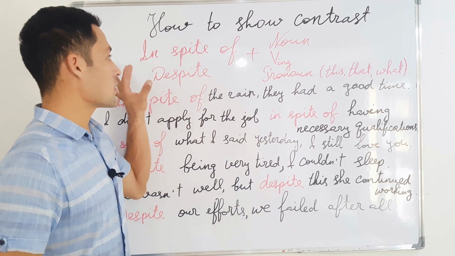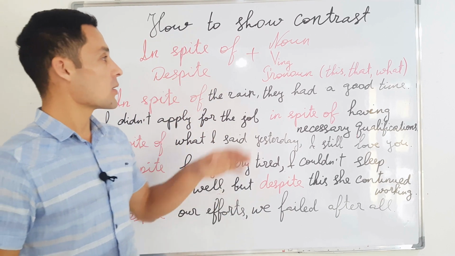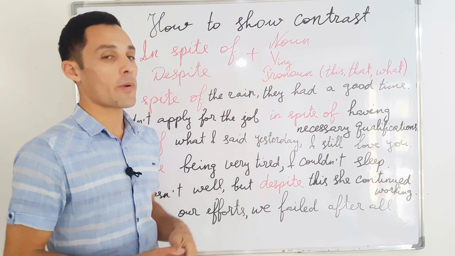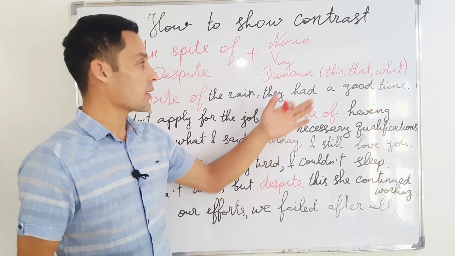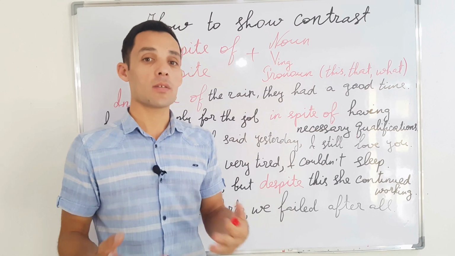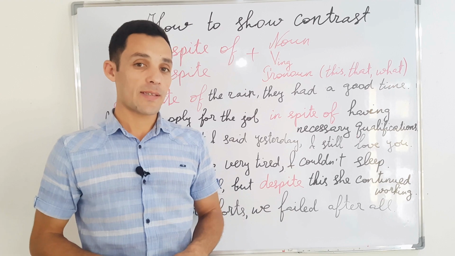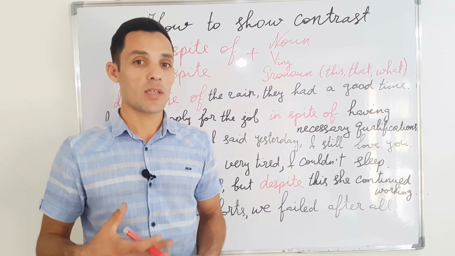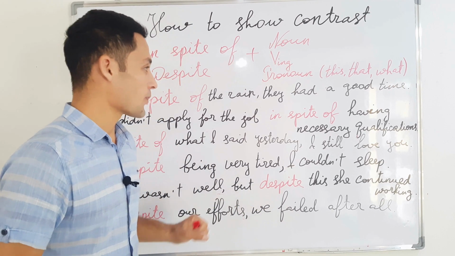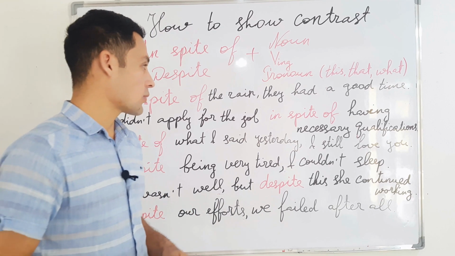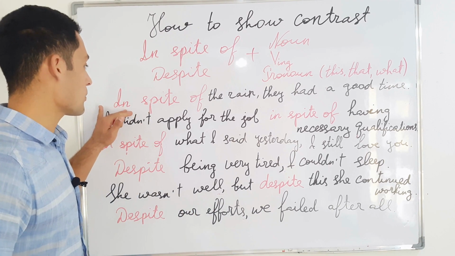So grammatically we use in spite of and despite plus a noun, verb-ing, or pronouns like this, that, what, and so on. So there are also example sentences for you to better understand these 2 words. So let's have a look at examples.